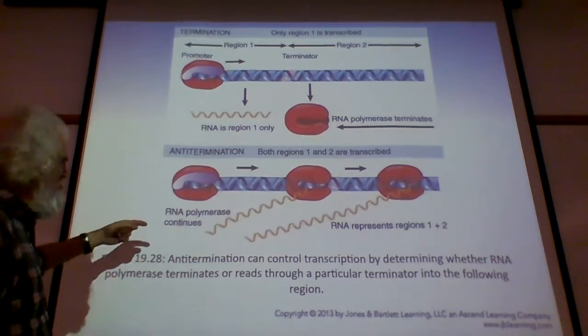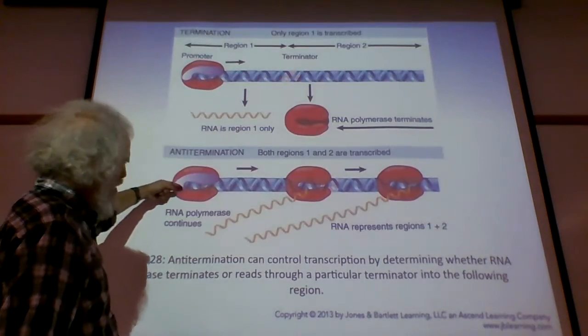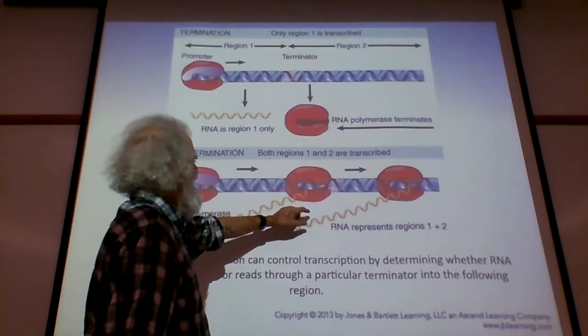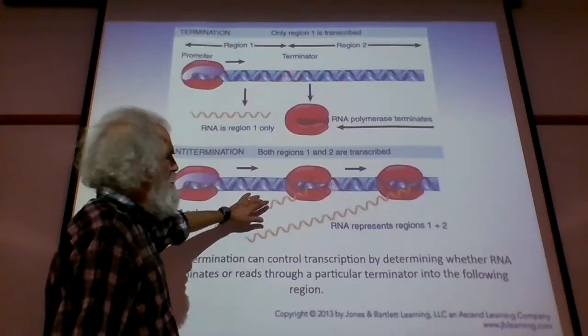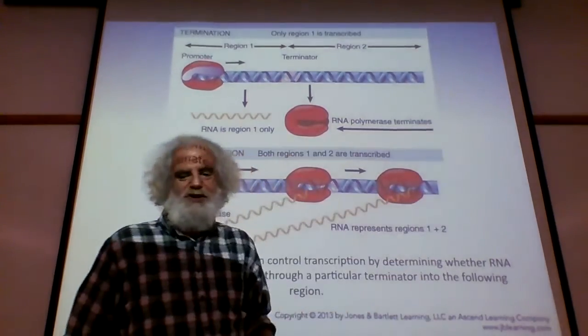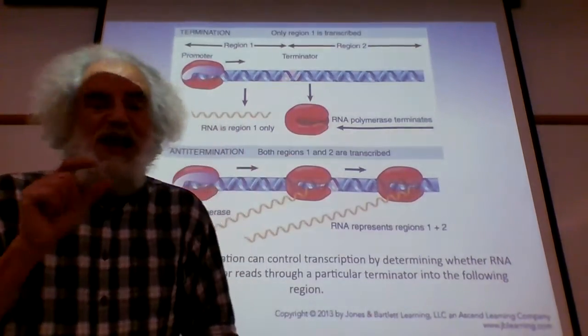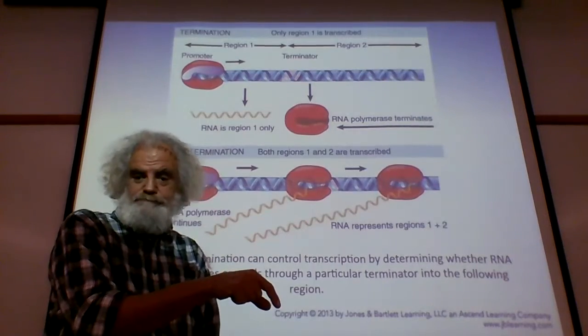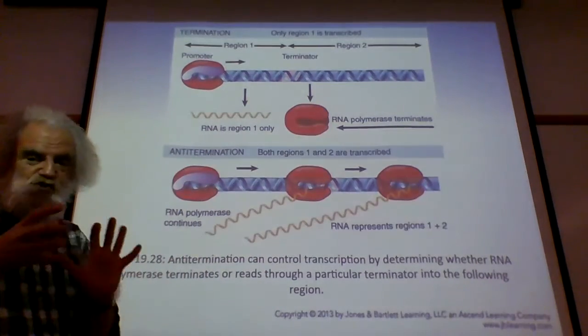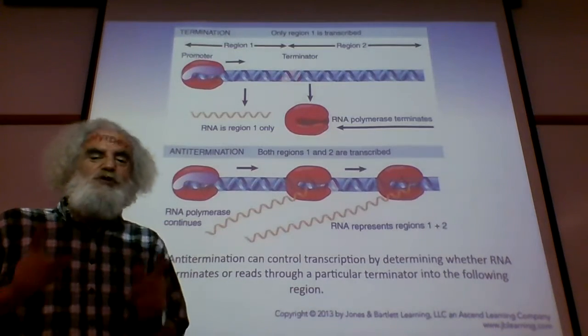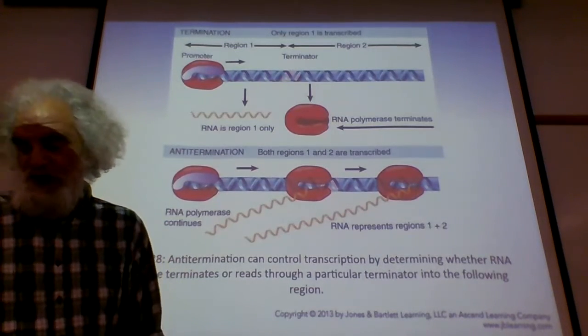Anti-termination, though, allows for read-through. The RNA polymerase starts moving through. It hits the terminator, but because there is an anti-termination factor, it moves on through, and it generates a longer RNA that most likely is going to have another gene, another open reading frame. And so this is a way we can actually control the polycistronic nature of an RNA. And it's actually a very cool little trick.